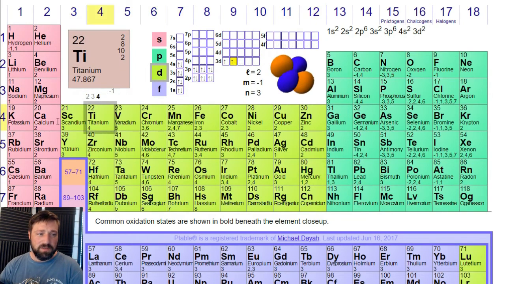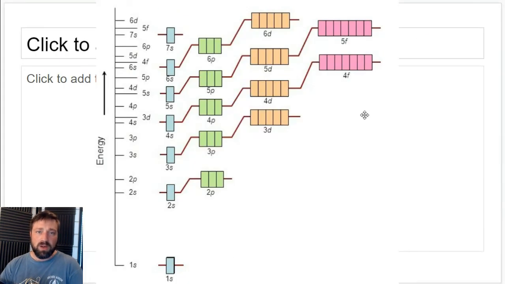Why are these guys shifted down 1? So if we go back to our Aufbau diagram, you can see that if you go up here, 3s, 3p, then you fill in 4s, then you fill in 3d. So why do you do that? What is the reasoning behind that? The analogy that I like to use is sometimes it's easier to go up one more flight of stairs than walk 300 feet down a hallway, which is kind of what you're doing.